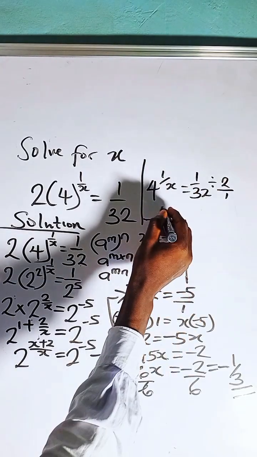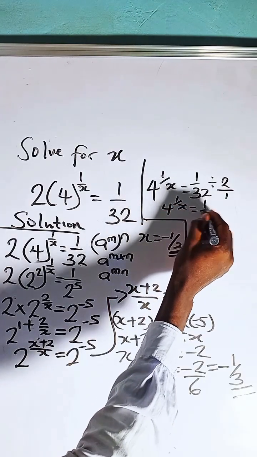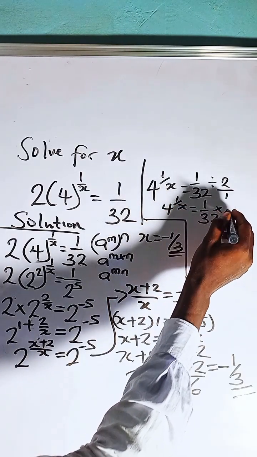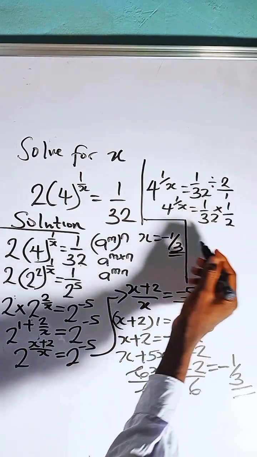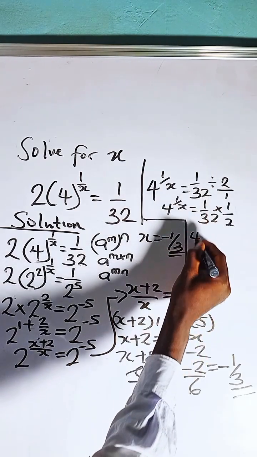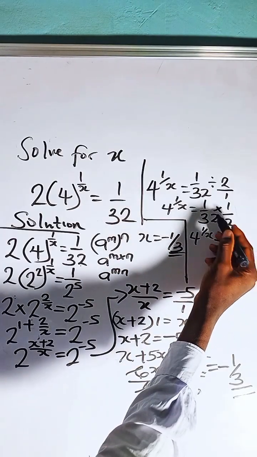So we have 4 raised to the power 1 over x equals 1 over 32 times 1 over 2, since we are dividing a fraction.